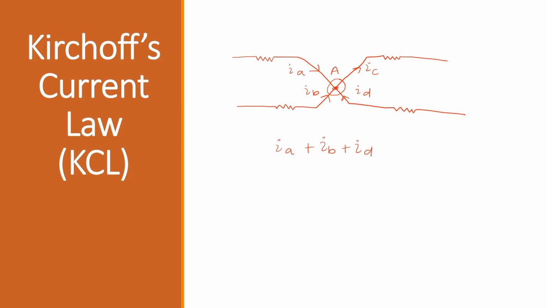They are coming towards node A, whereas current IC is going away from node A. So this is Kirchhoff's current law.